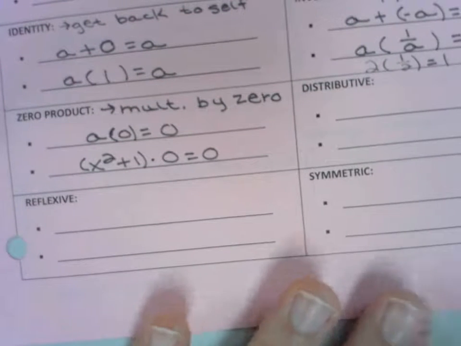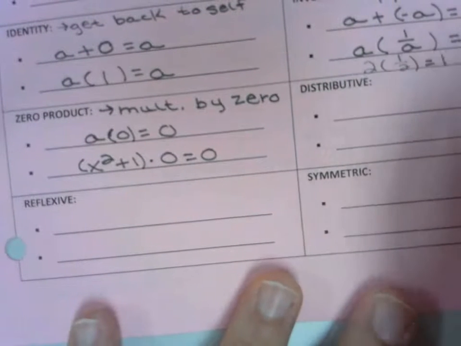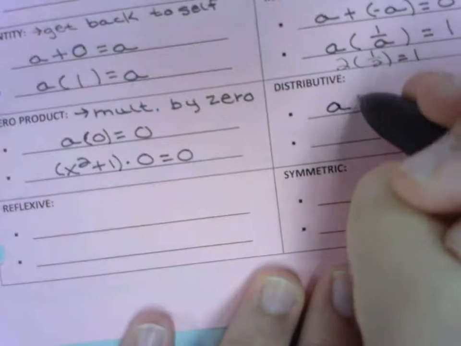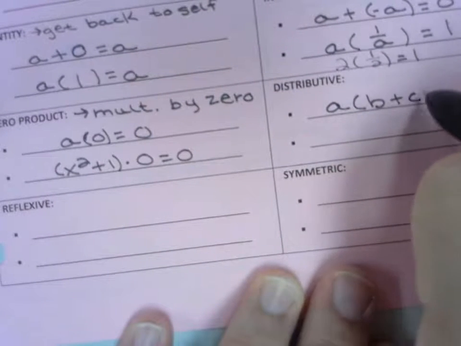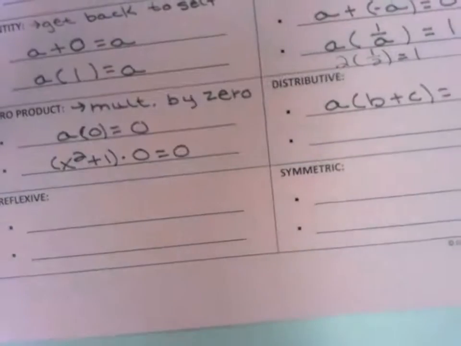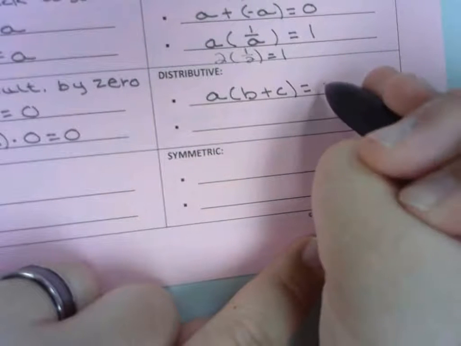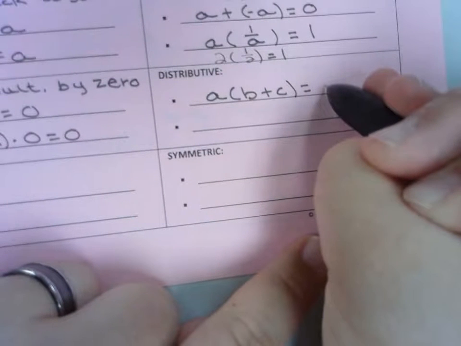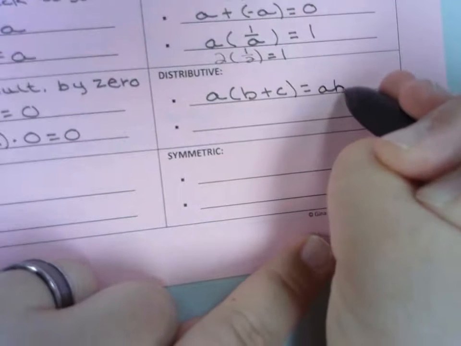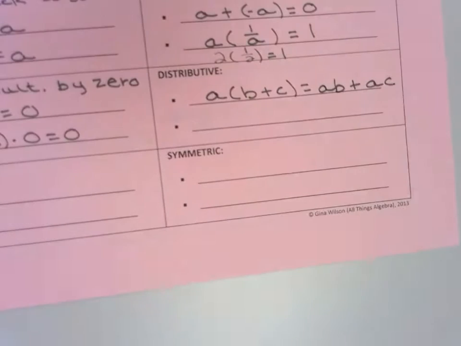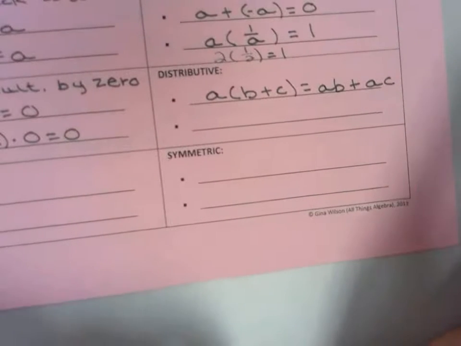Okay, distributive. We know distributive pretty well, I think. If I have A times B plus C, so if I have a number in front of the parentheses, that will give me AB plus AC. You take the number in front and you distribute, you multiply it by everything in the parentheses.